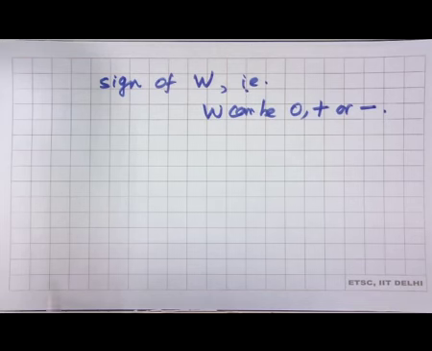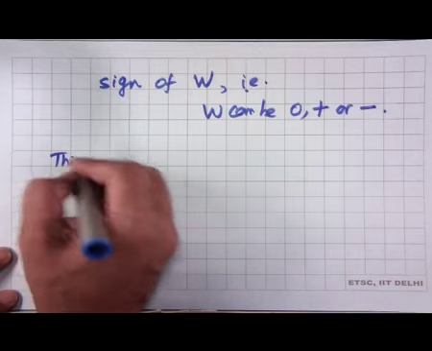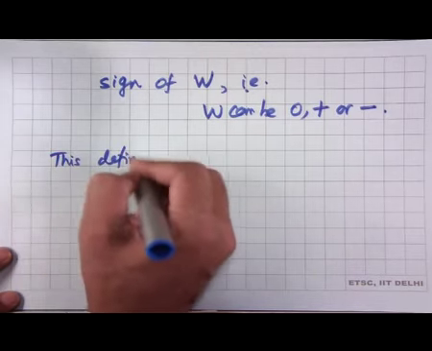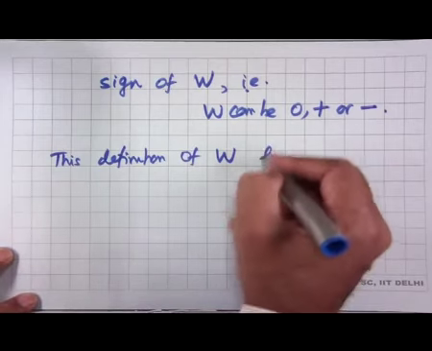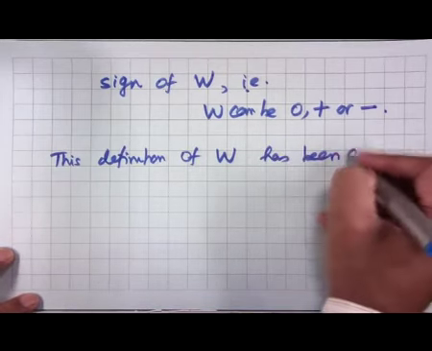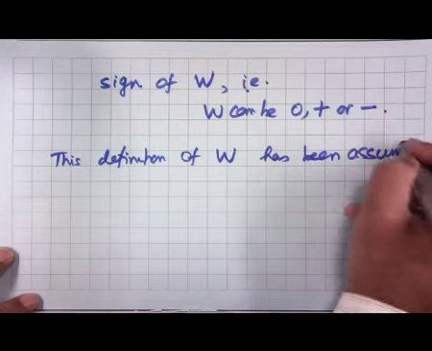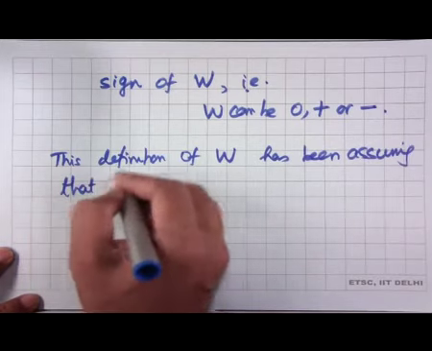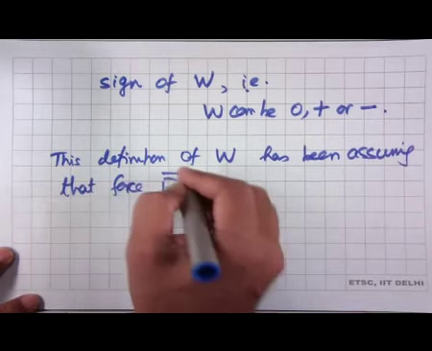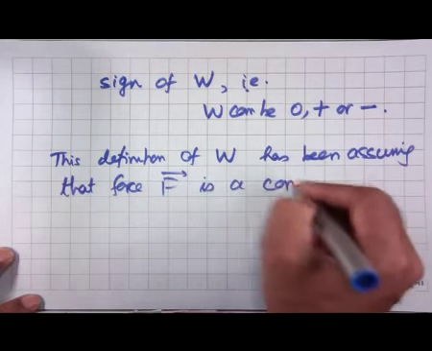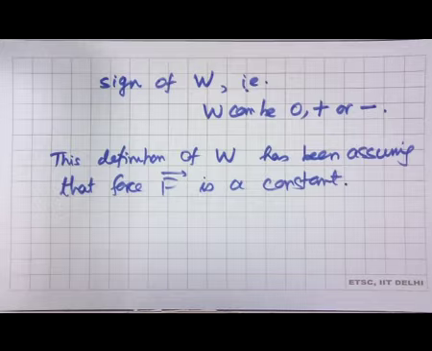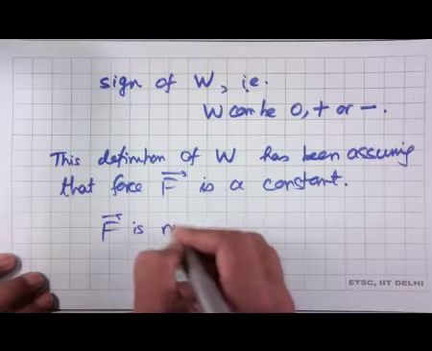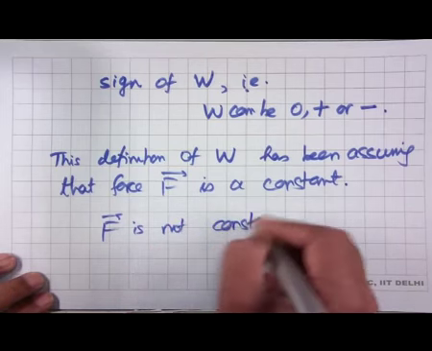Now, this definition of work done we have done has been for assuming that force F is a constant. But we could have a case where force F is not constant.